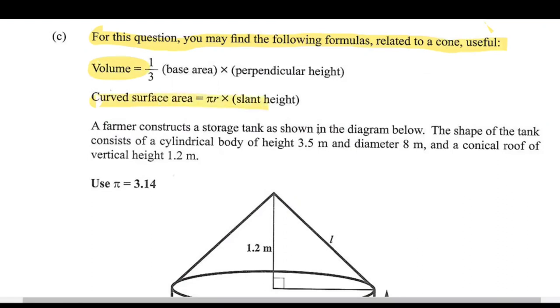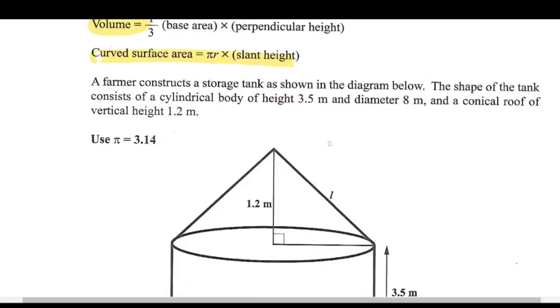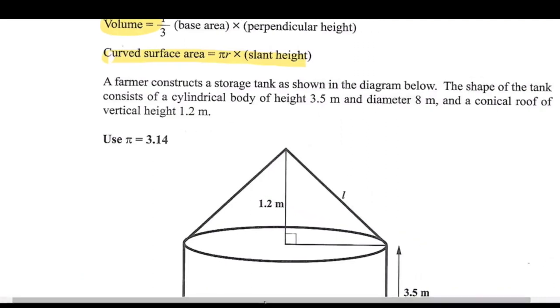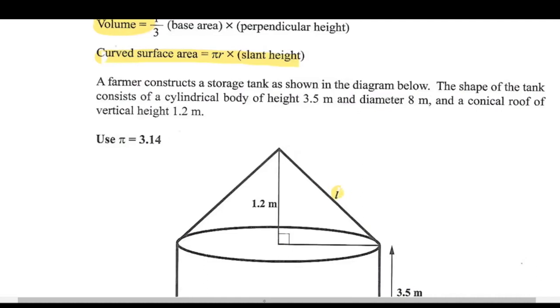And slant height. This slant height that you're seeing here, they're referring to L. L on the diagram is the slant height. That distance here, that's the slant height, right? All right, let's read it.